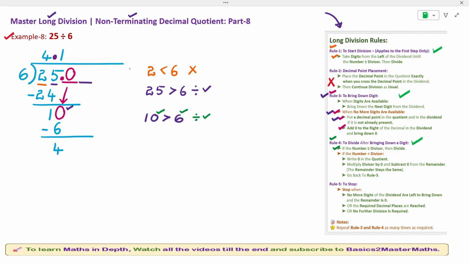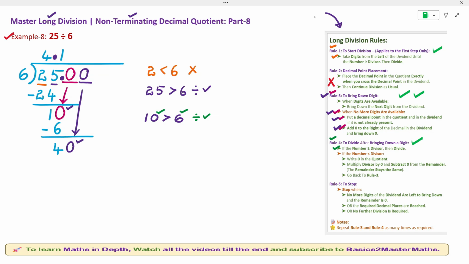But the decimal point is already present in the quotient and in the dividend, so you do not need to put the decimal point again. Then add 0 to the right of the decimal in the dividend and bring down 0. Got it? Now rule 3 is complete for the second time.